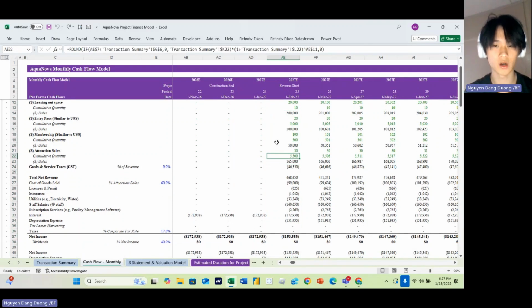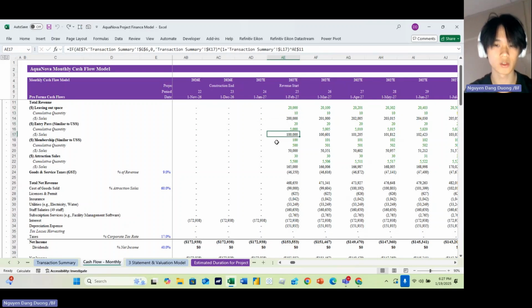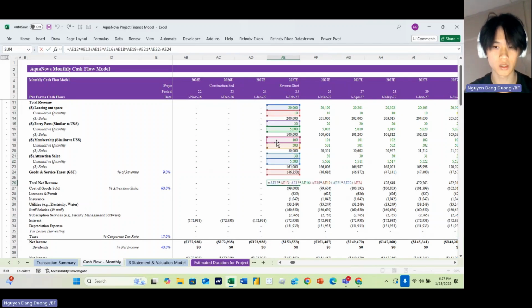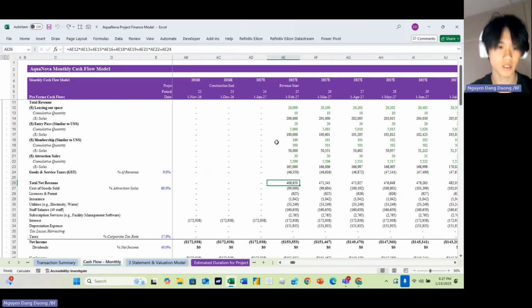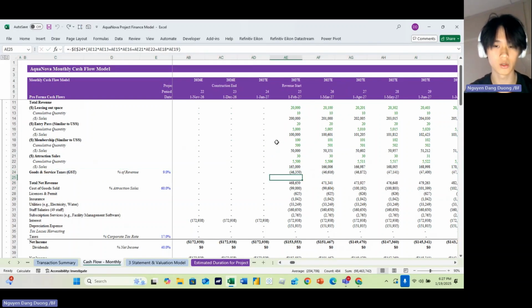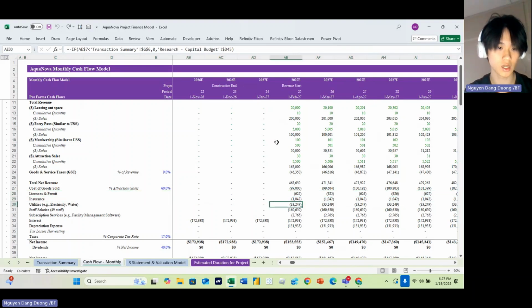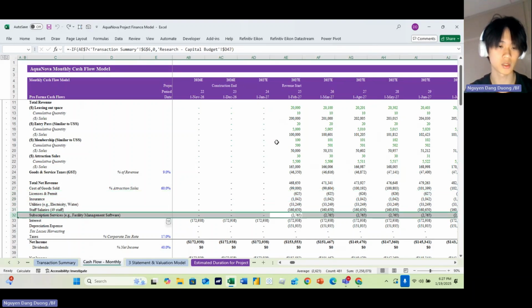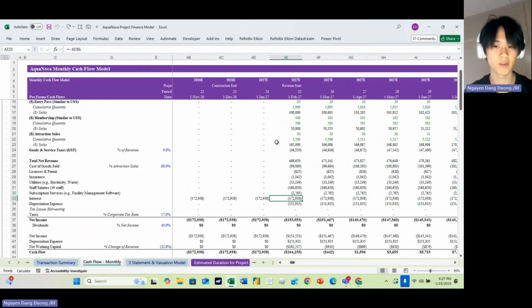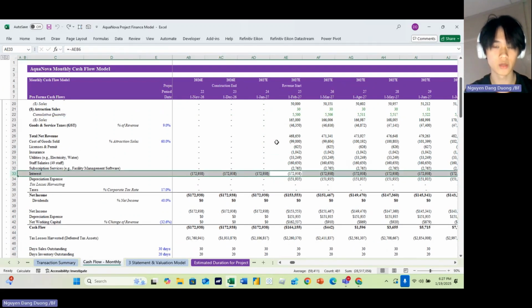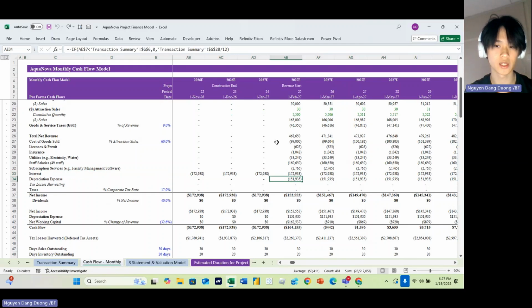Therefore, we have all our revenue line items, and from there we arrive at total net revenue after subtracting our goods and services taxes. And after that, we have cost of goods sold, licenses and permits from our research, insurance from our research, utilities, salaries, and subscription services from our research. We also have interest, but we'll get back to it later.